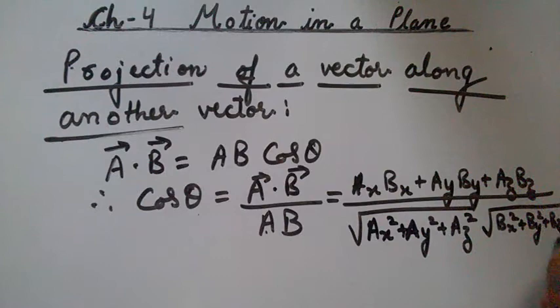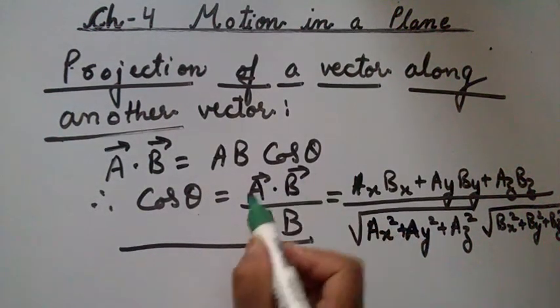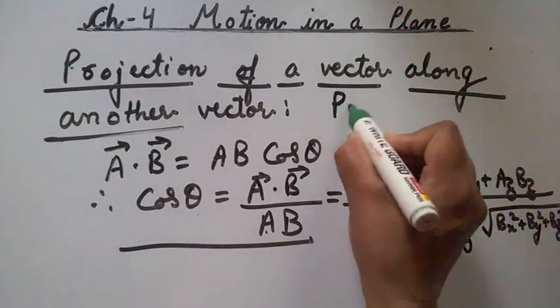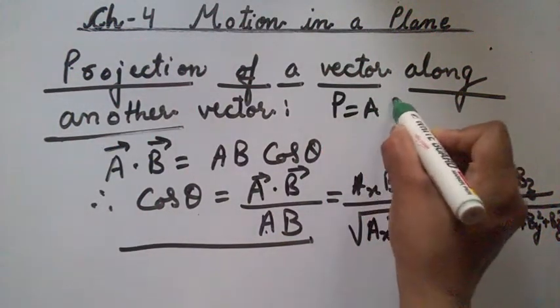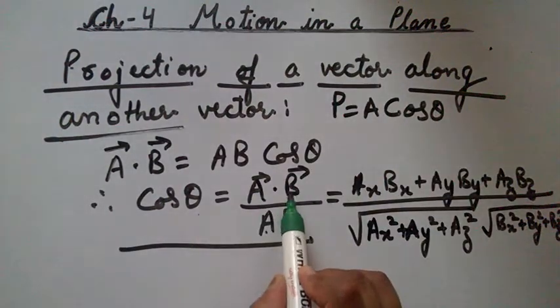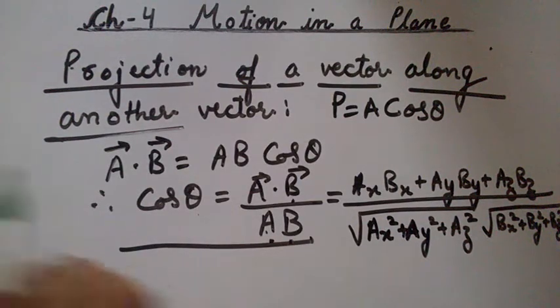Now we can substitute the value of cos theta in the projection, that is P is equal to A cos theta, which is equal to A vector dot B vector upon AB. So now let's substitute it.